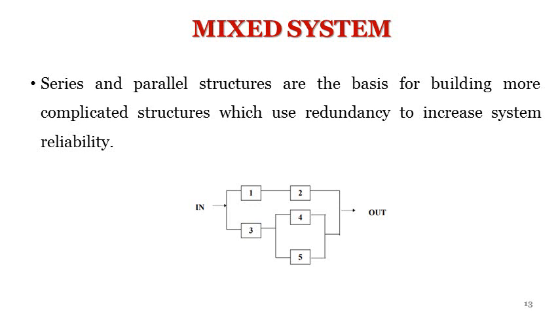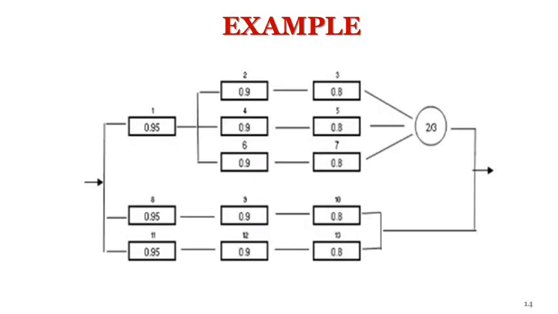Here both the series system as well as the parallel system are used in the mixed system. This is a very simple example, not very simple. Here there are many components, but both systems are there, both series as well as parallel.